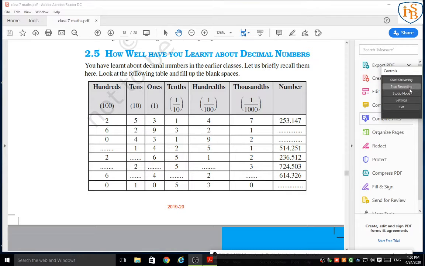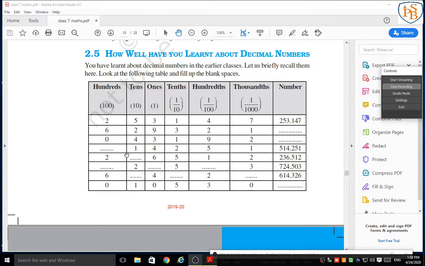Look at the following table, we are going to fill up the blank spaces. Look at here, they give us some columns, that is hundreds, tens, ones, tenths, hundredths, thousandths, and we have to put the number expressed in those columns. Already you have studied that when we write natural numbers or whole numbers, we find their place values, we always use ones, tens and hundreds.